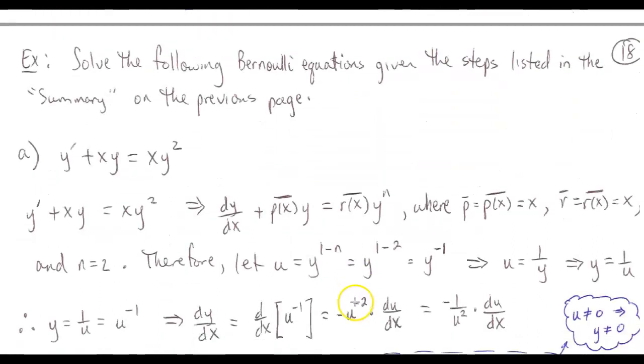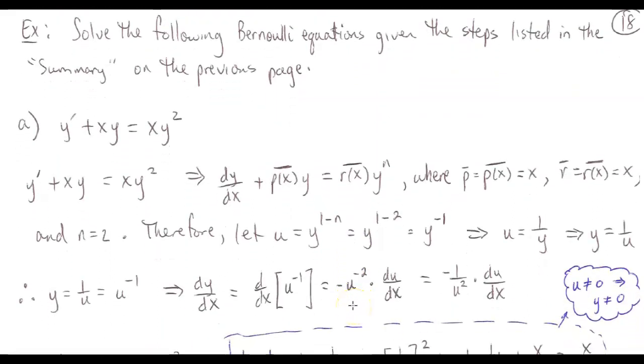All right, so let's look at an example that I've worked out first, just to get the flow of this problem. We see here that we have a first order equation, and it looks like it's first order linear. However, we see that we have y squared here, so it can't be first order linear. Because I have y raised to some power here, we know that it's going to be Bernoulli.